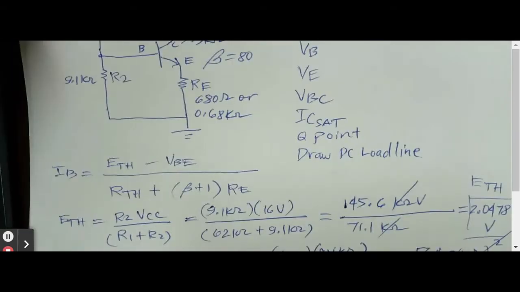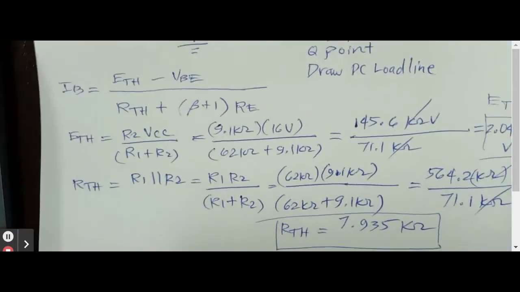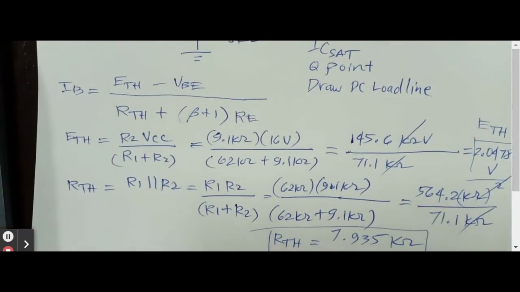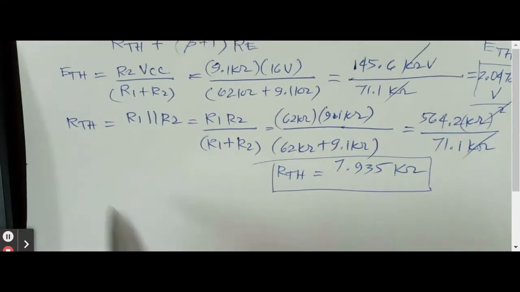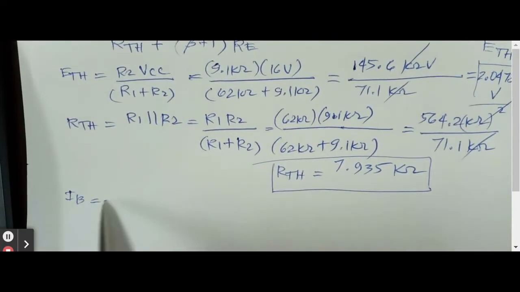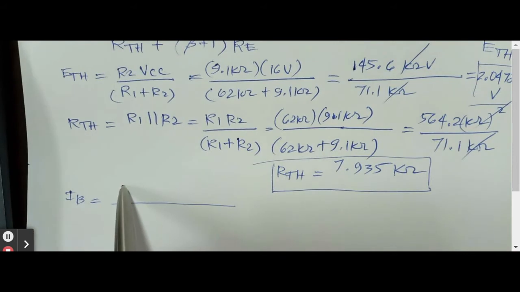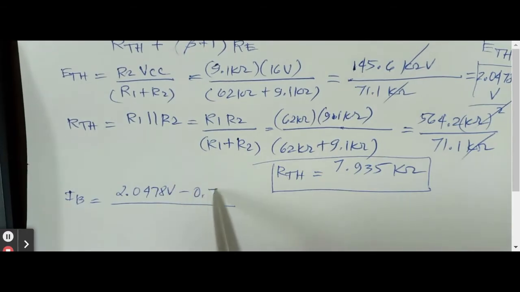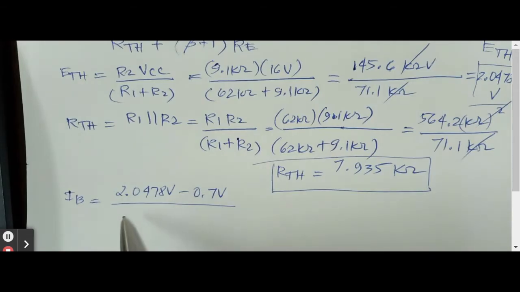So now we can continue calculating for our IB. So again, the IB will be equal to ETH, which is 2.0478 minus 0.7 volts considering a silicon transistor. Our RTH is 7.935 kilo ohms.